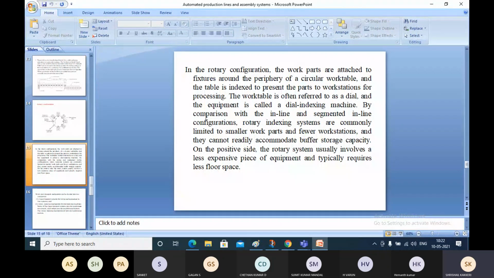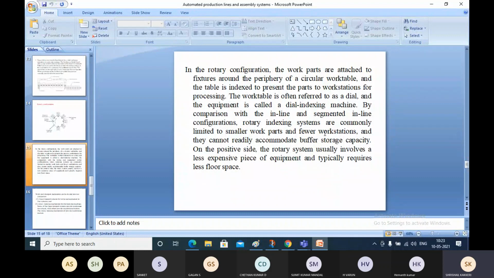By comparison with the inline and segment configurations, rotary indexing systems are commonly limited to smaller work parts and fewer workstations. Arranging the workstations around the periphery of the table is very limited.